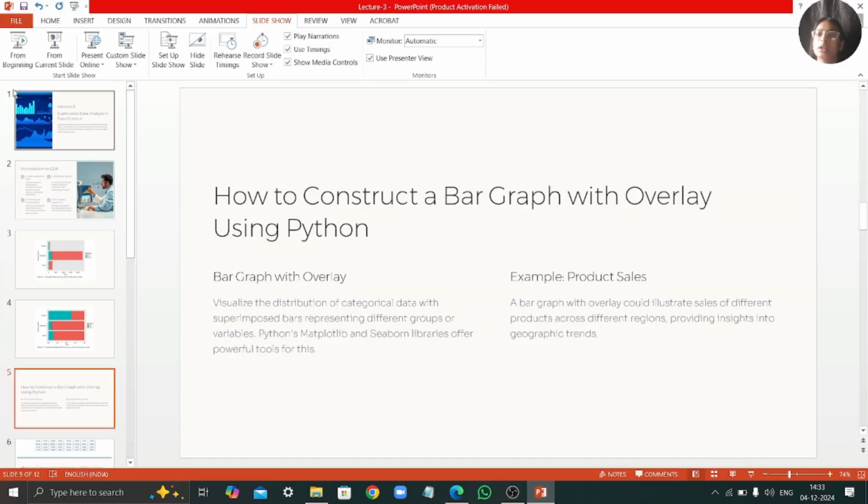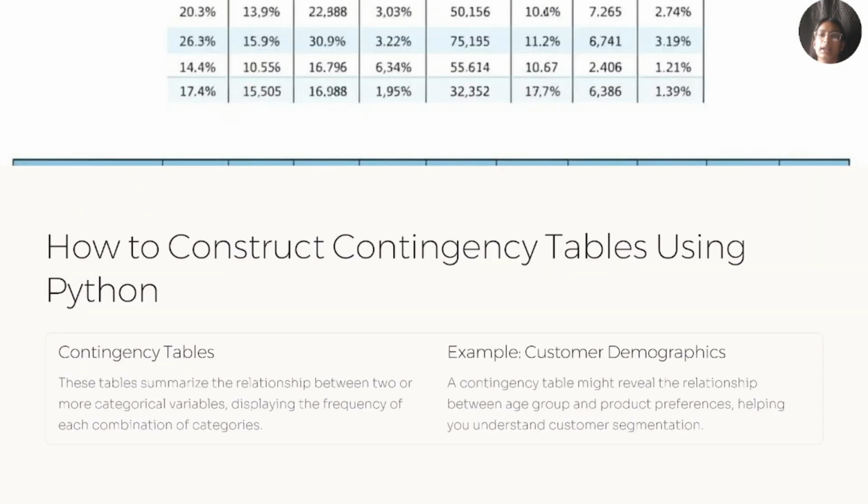Next we are going to cover how to construct contingency tables using Python. But before that we should know what a contingency table is. A contingency table is a cross-tabular form in which each cell represents the relationship between variables, and each variable's relationship with another variable is inside the table.